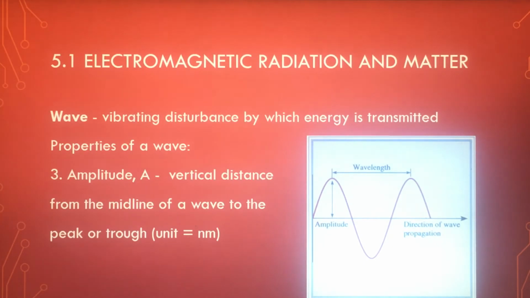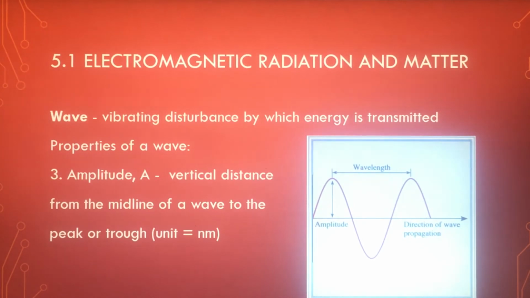Those are disturbances that occur when energy is transmitted. We'll try not to talk about amplitude, since this topic is covered mostly in physics, where we determine the intensities of the waves.